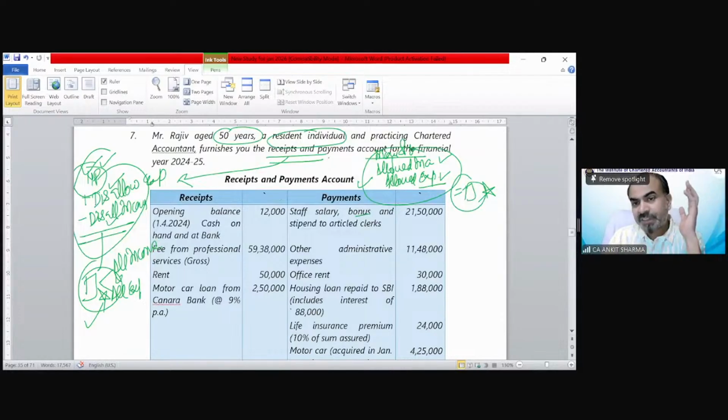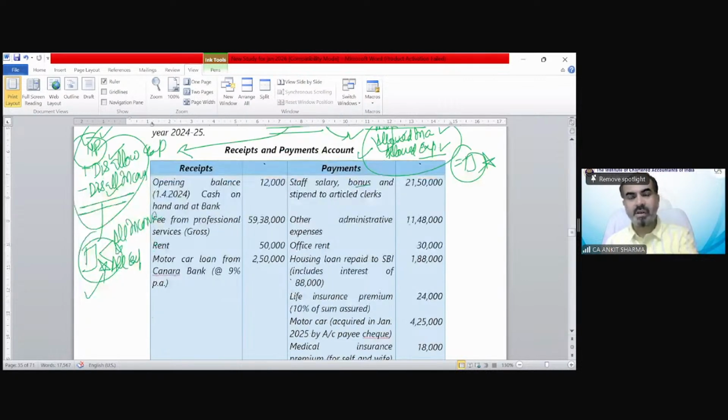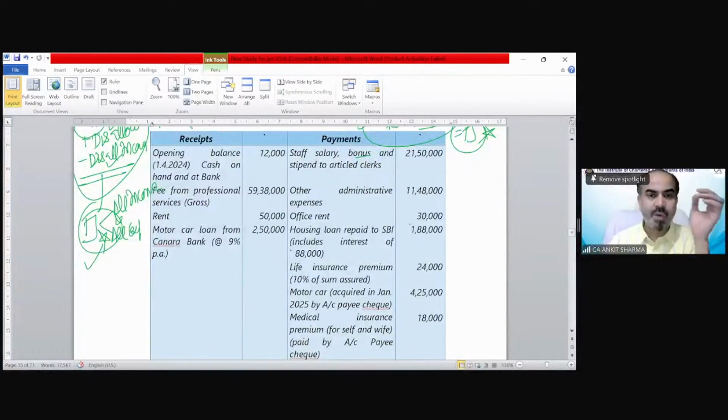So in case of receipt and payment, this is easy. We only consider our business income, which is connected to revenue expenditure. Understood? So that's why, when there is a receipt and payment, kindly always follow this format. We will consider only the allowed income and allowed expenditure. So you will see, we will draw this on a separate sheet.